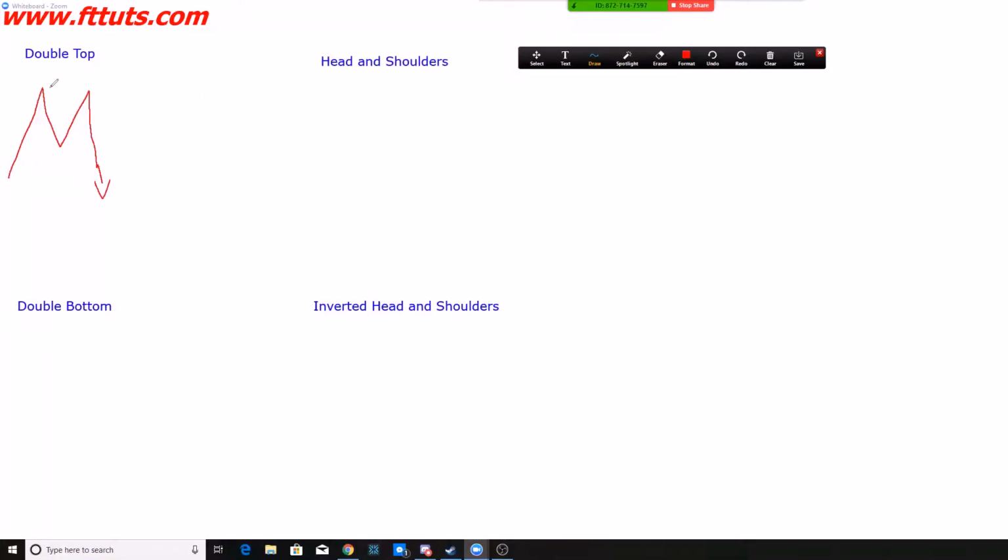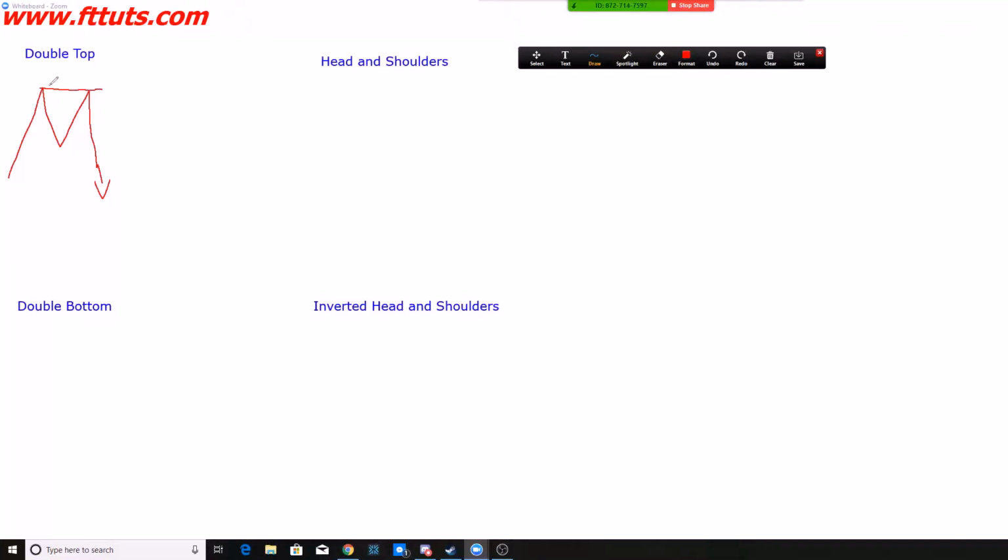So for this to be a valid double top pattern, one, it has to respect the same area of resistance, right? We're going to be getting into support and resistance next video, but pretty much we have to get over identifying the actual trend, and we're also going to be getting on the chart in this video as well.